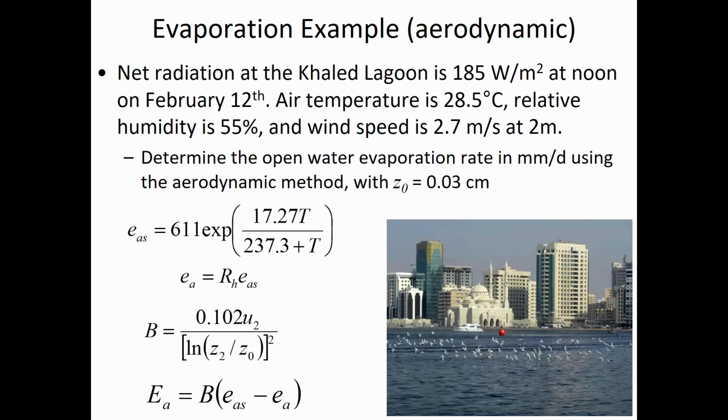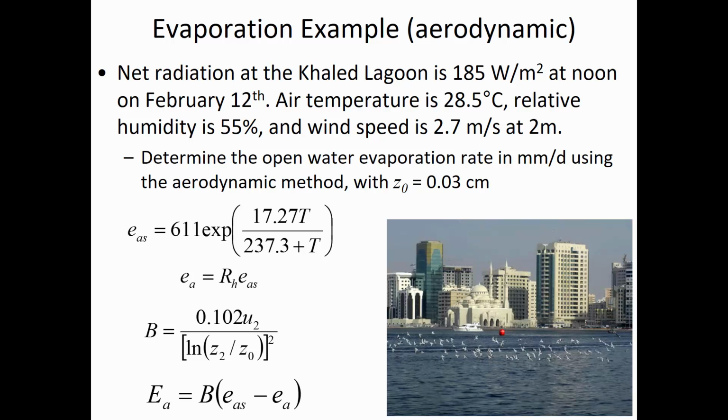Okay, so we're going to do the same data, now just looking at the aerodynamic side of things. You'll notice in this series of equations, which I've provided in the order you should do the calculations, the first thing you'll need to estimate is the E sub AS, and so on. By the way, the temperatures you'll put in here will be Celsius.